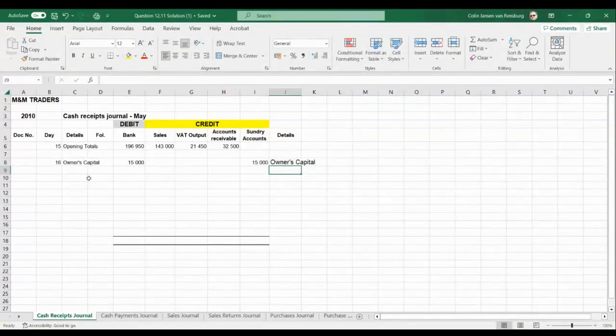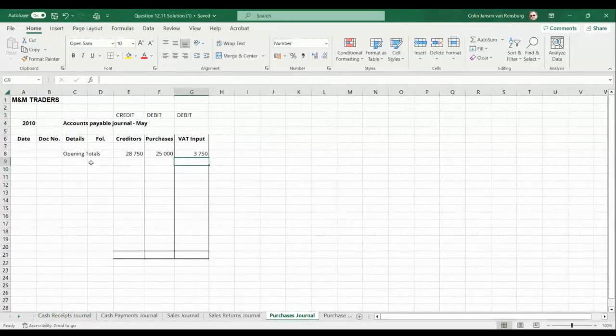Owner's capital. Right. Then the next transaction, you said we must go to the purchases journal or accounts payable journal. So let's do that. I've got to move this collaborate window a little bit on my side. Don't worry, it won't affect you. It's just in my way. There we are, in our accounts payable journal or purchases journal, whichever you want to call it.